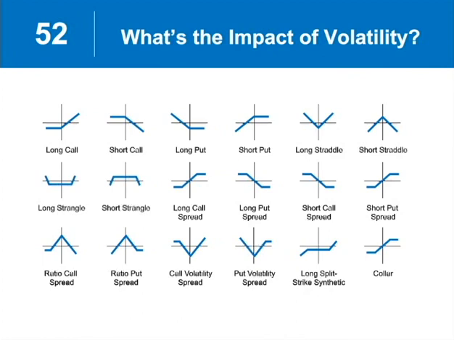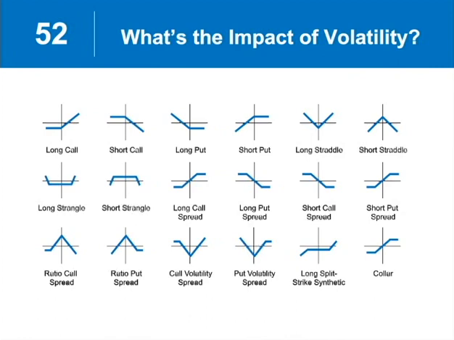That's why when you do the strangle and you're talking the out of the monies, the strangle is less expensive from a price standpoint than the at the money options that you put on with the straddle. But then your break even points are wider as well. But long straddle and strangle, obviously long volatility.